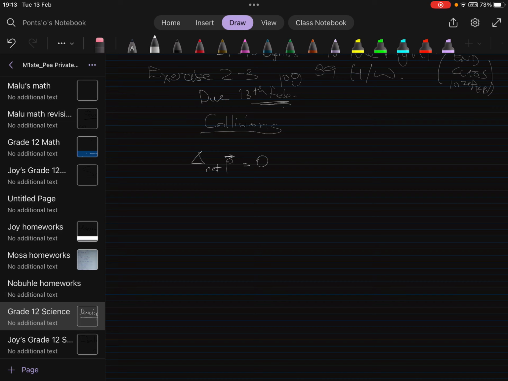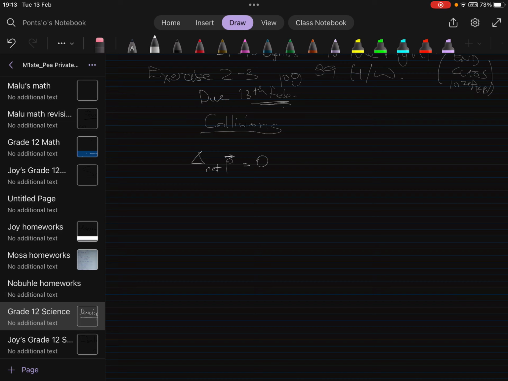That means the momenta of the individual objects can change, but the system as a whole is isolated. If you have the two snooker balls, the cue ball and the black ball, moving toward each other before collision, each one has its own momentum.